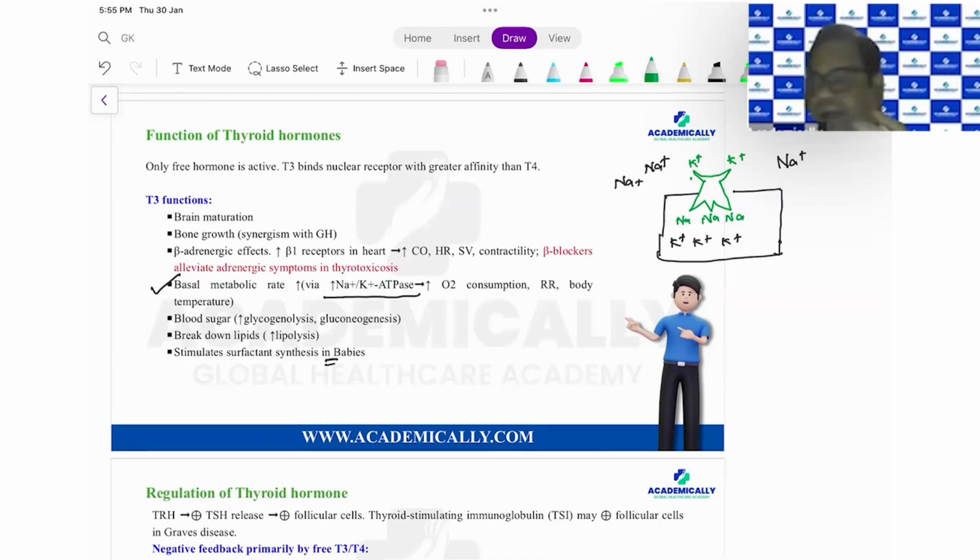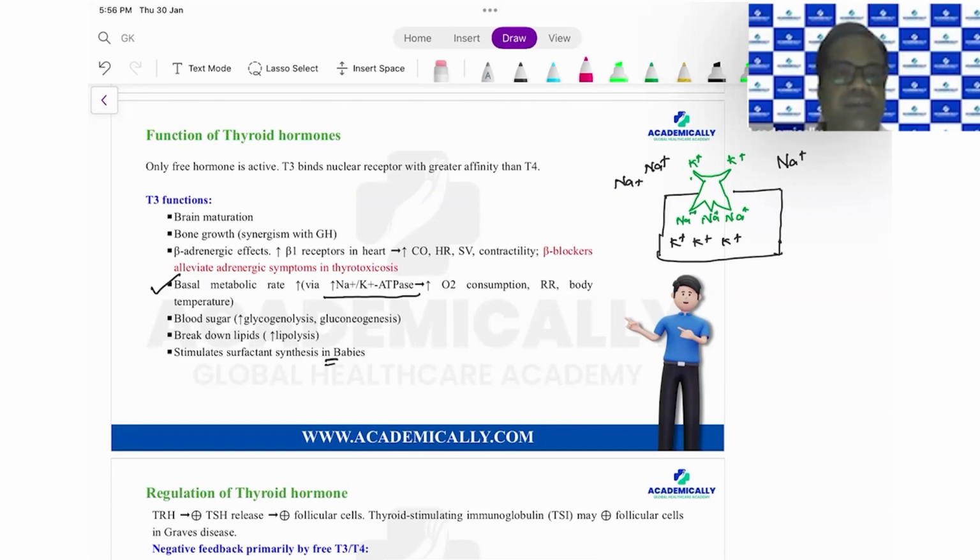But we have this particular channel which gets potassium inside the cell and sodium outside the cell. Now, how does it do that? It does it against the electrochemical gradient. Naturally, sodium has to come inside and potassium has to go outside. But here we are doing exactly the opposite.